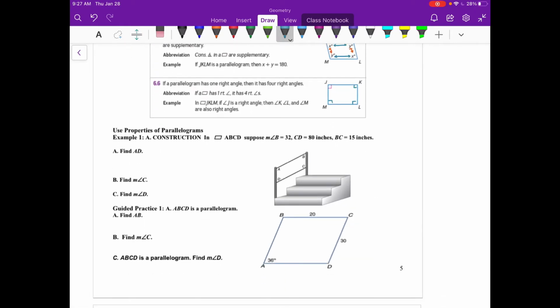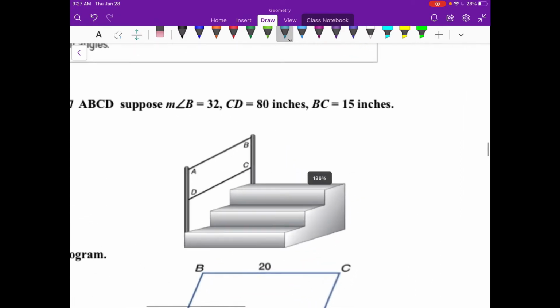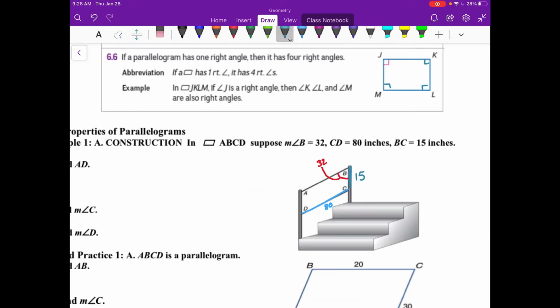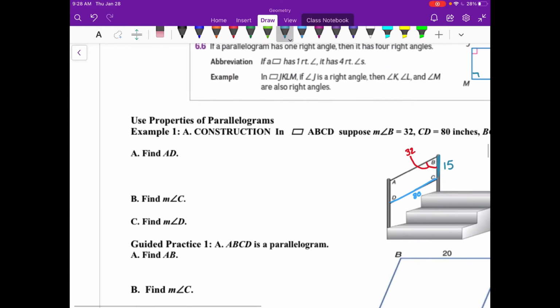In this parallelogram, ABCD, we're going to suppose that angle B, this angle, is 32. And CD, this side, is 80. And BC, this side, is 15. Using that information, let's solve our problems.